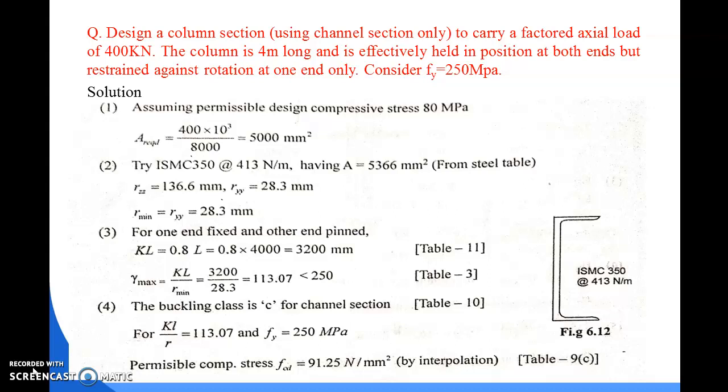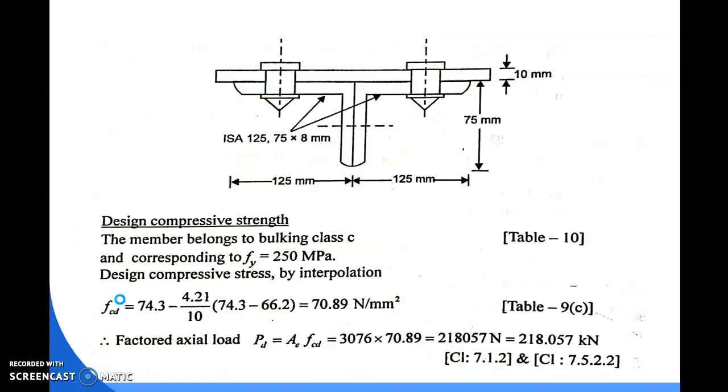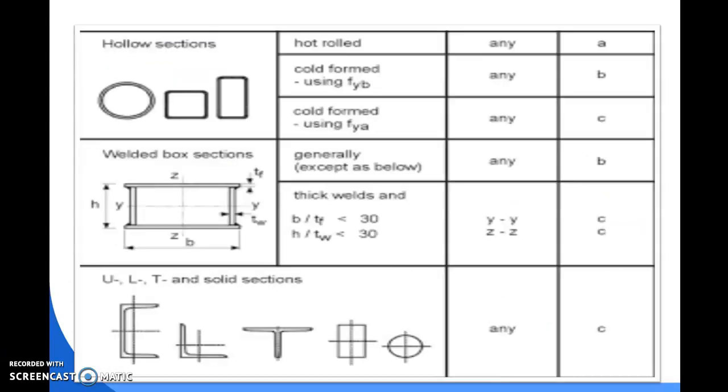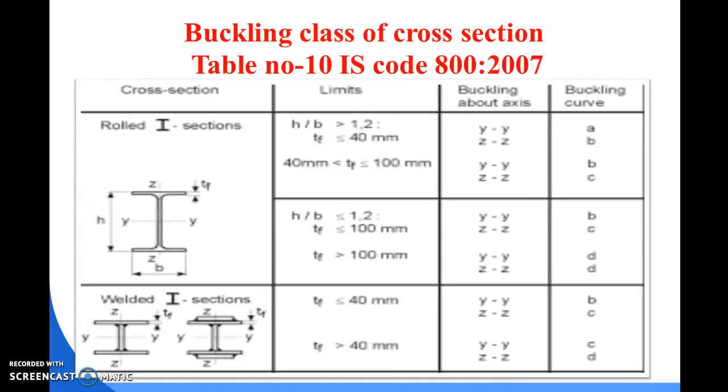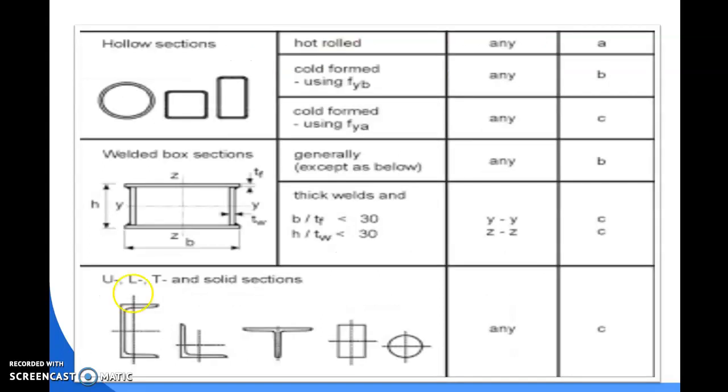This is a channel section, and for the channel section there is no condition, so we can directly take the buckling class as C, which we can find from table number 10 in IS code 800:2007. Here you can see for the channel section the buckling class is C.